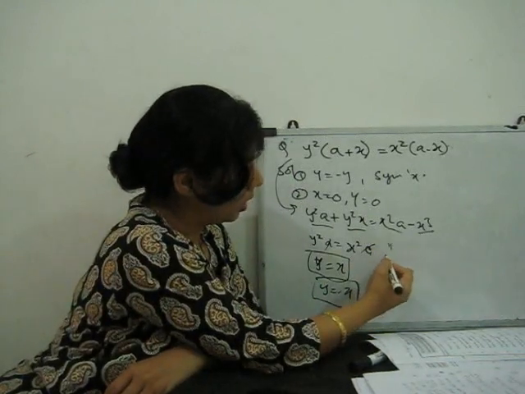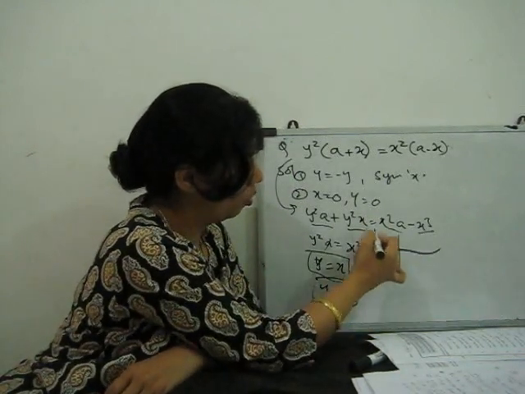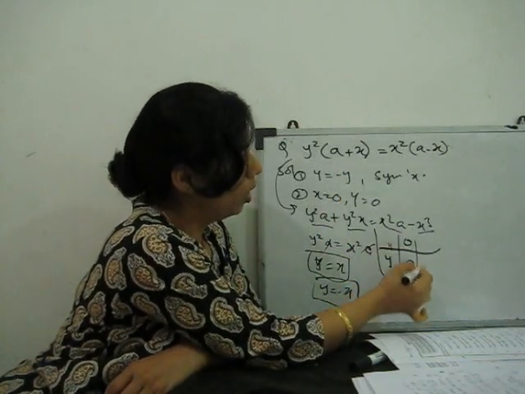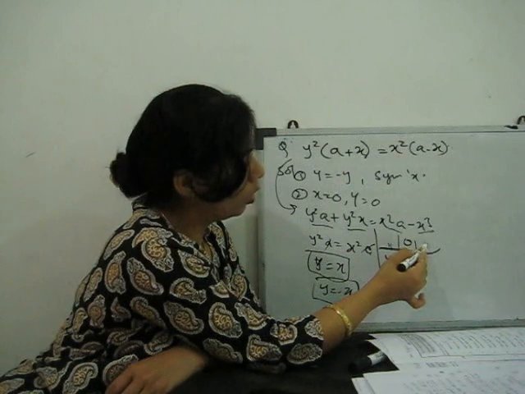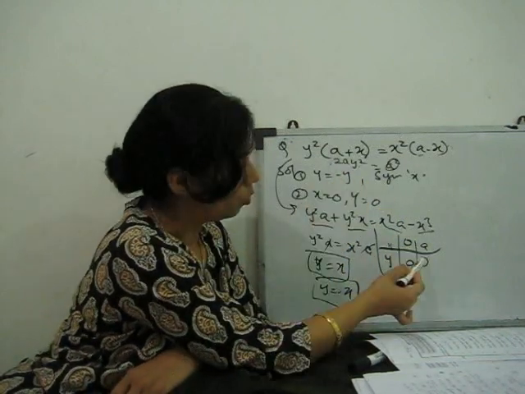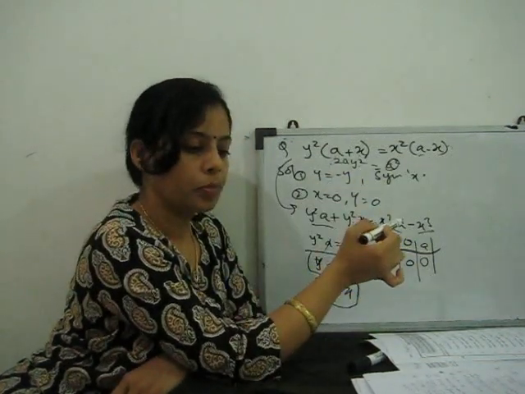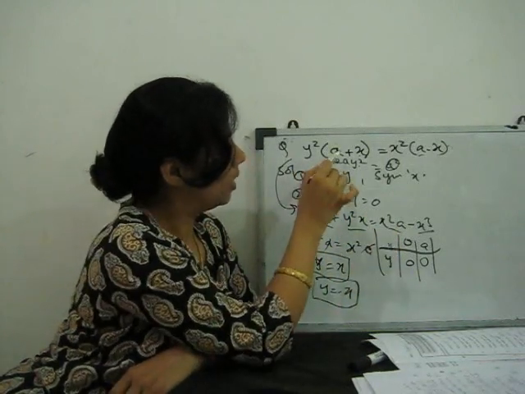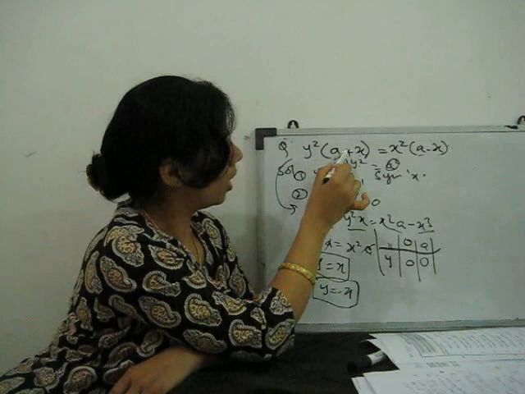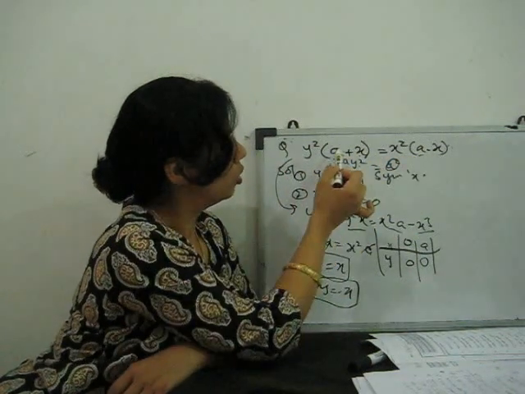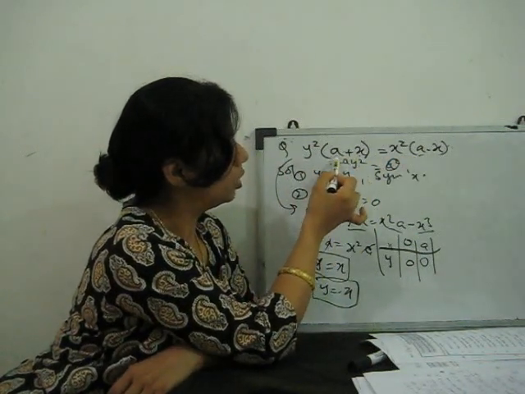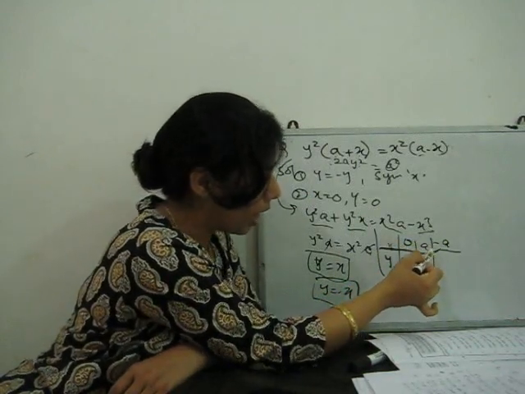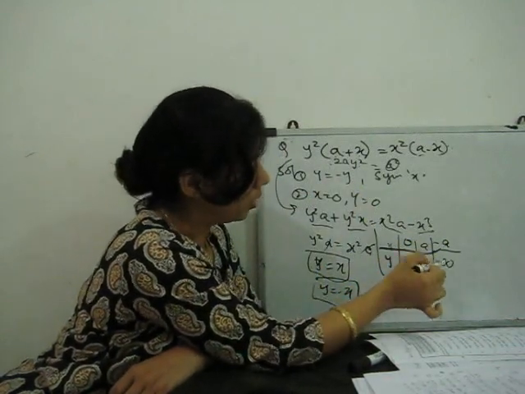If x is equal to 0, y is equal to 0. If we put x is equal to a, okay. Similarly, x is equal to minus of a. If we put x is equal to minus of a, so this gives a minus a 0. X is equal to minus of a, y goes to infinity.